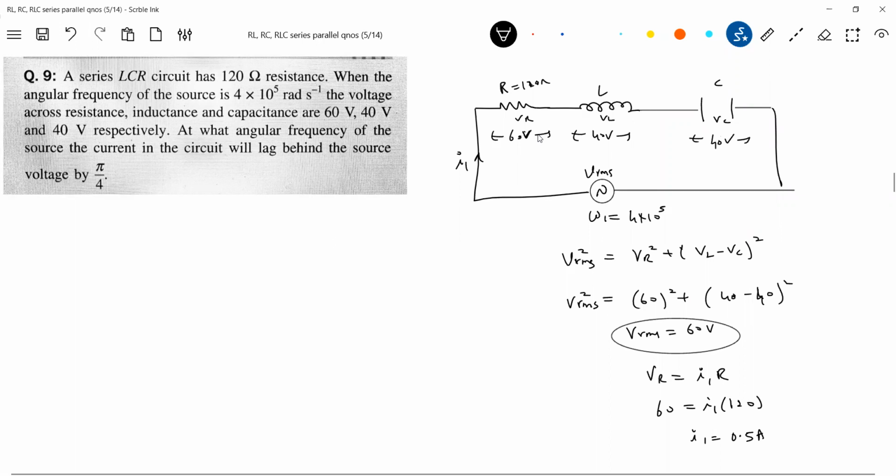But the question is something else being asked. I know I1, so can I get the XL and XC values? Yes, we can.